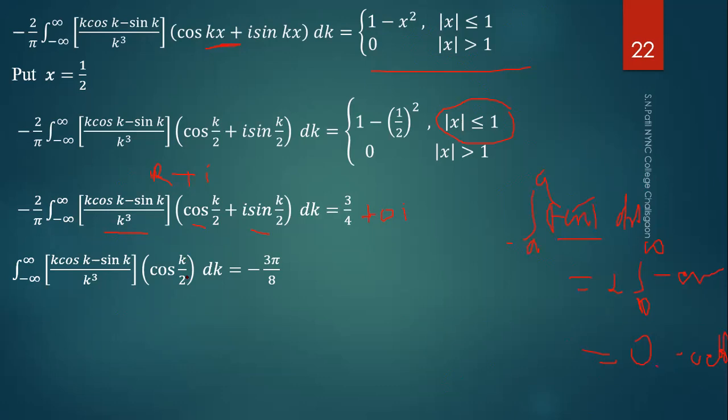Now put k equal to minus k here for verification. Cos of minus θ is cos θ, and here sin of minus θ has a minus sign, which multiplied again gives the term as it is. So this is an even function. That's why we write 2 times the integral from 0 to infinity in the next term, and then 2 is divided here, 2 into 8 is 16.